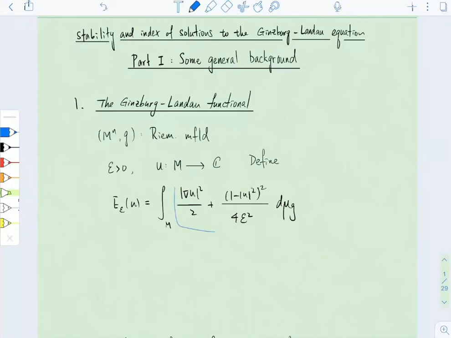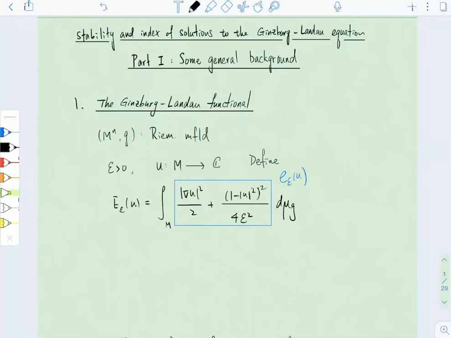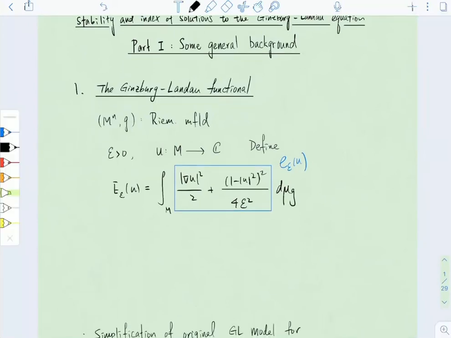I'm going to give it a name. Capital E I will call the Ginzburg-Landau functional, even though the term could refer to other functionals in different contexts. And this lowercase e sub epsilon is the Ginzburg-Landau energy density.